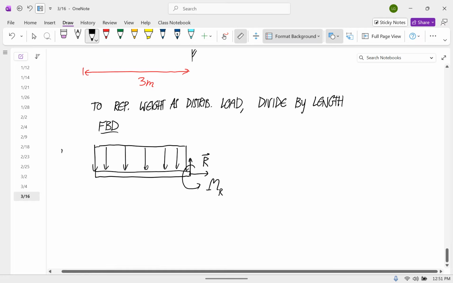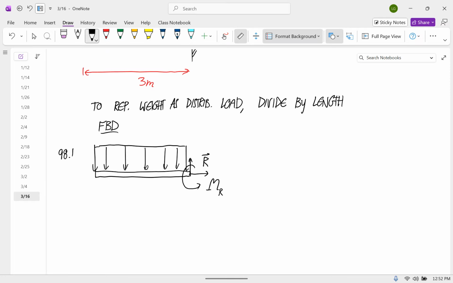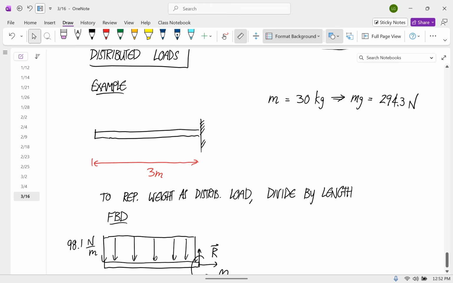So that is 98.1 newtons per meter. And that comes from the 294.3 divided by 3.